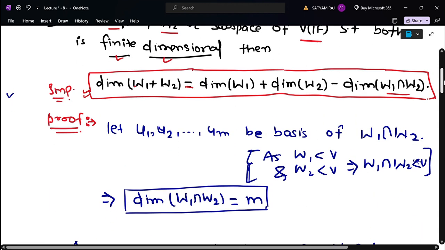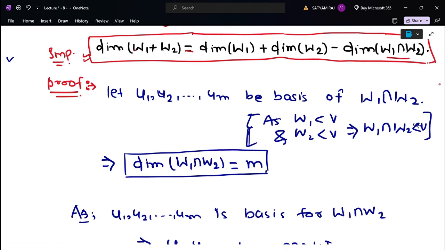First we will assume that u1, u2, ..., um is a basis of W1 intersection W2. It means we have a subspace of vector space V over F, and we assume that we have a basis, which can be any basis of W1 intersection W2.